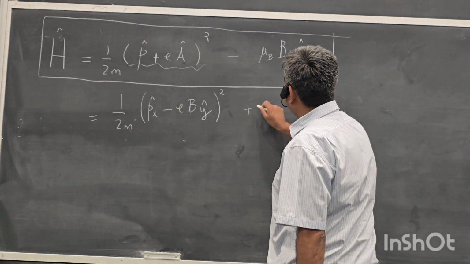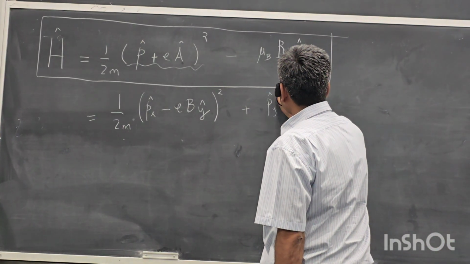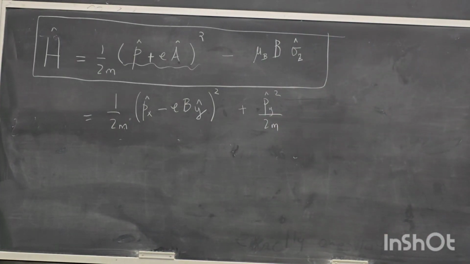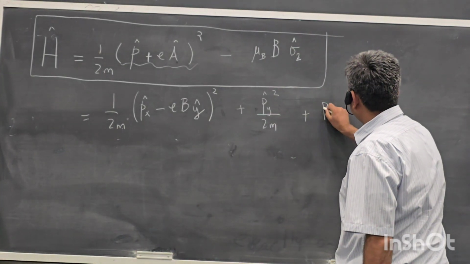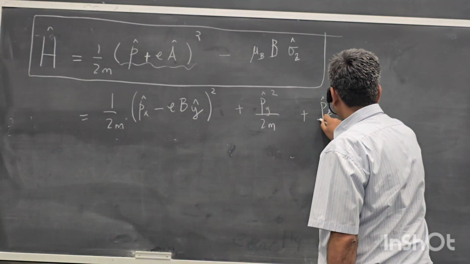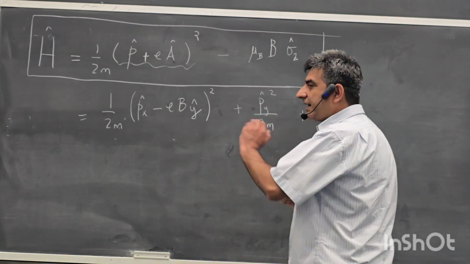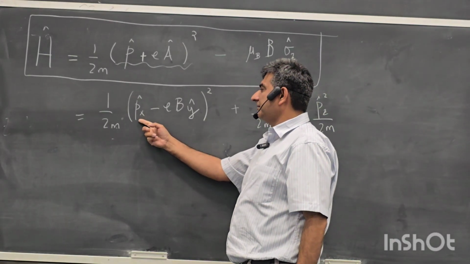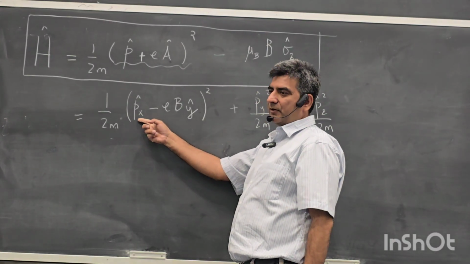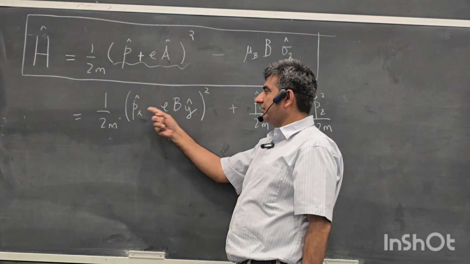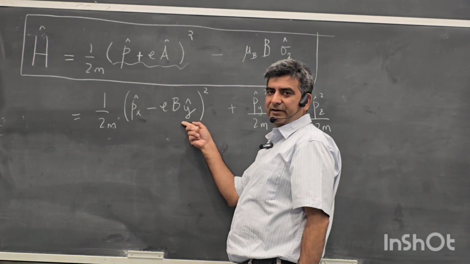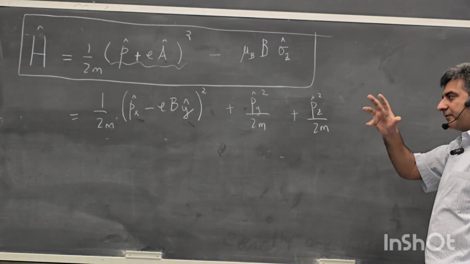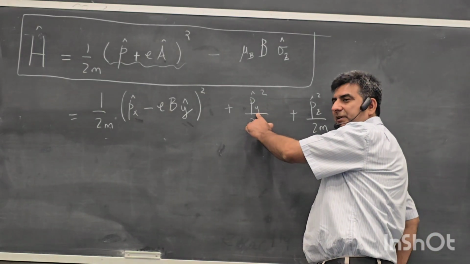Plus there is of course a y component as well. There is a z component as well. The magnetic field applied along the z direction has only impacted the x component of the momentum operator. This is an operator. So is this. This must be an operator as well, right? With a different choice of gauge, this component will be impacted.